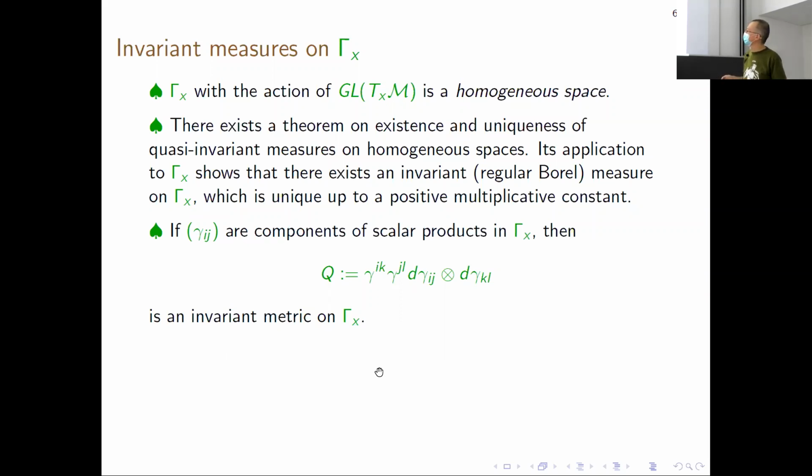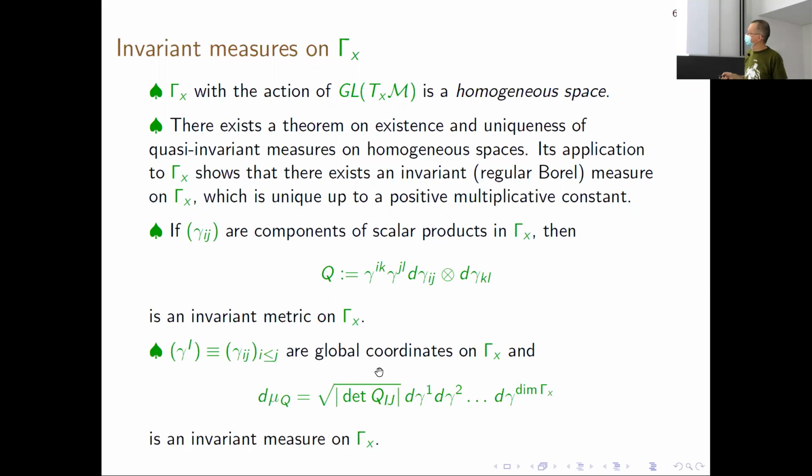But now, if you restrict these indices in the following way, then these functions form a global coordinate frame on gamma x, and of course it is convenient to label this coordinate by a single index. Then if these qij are components of this metric in this coordinate system, such a standard formula provides, in fact, an invariant measure on this space.